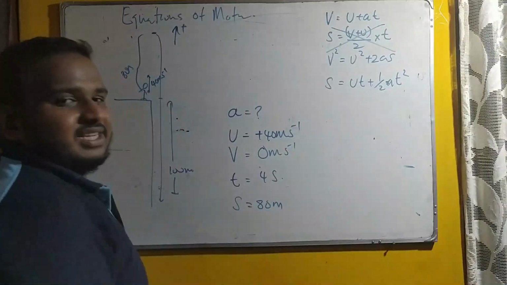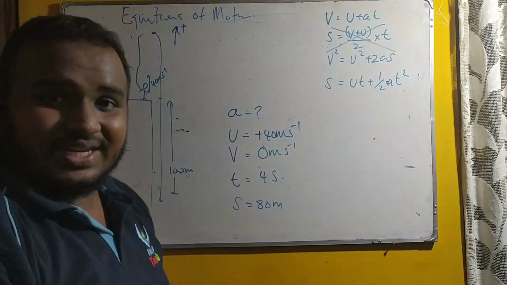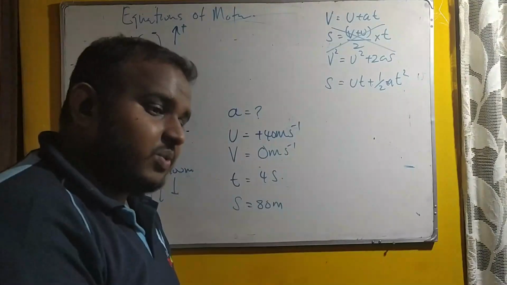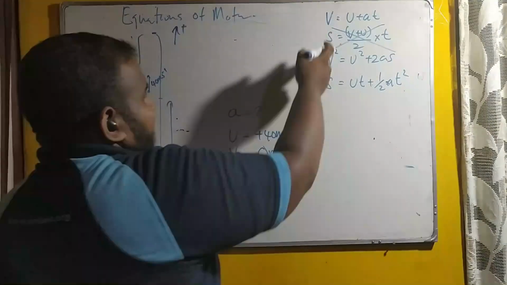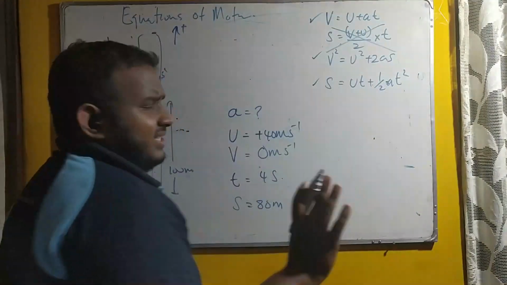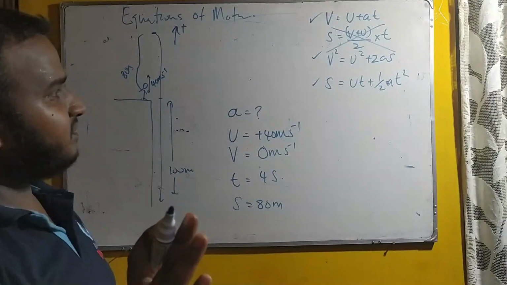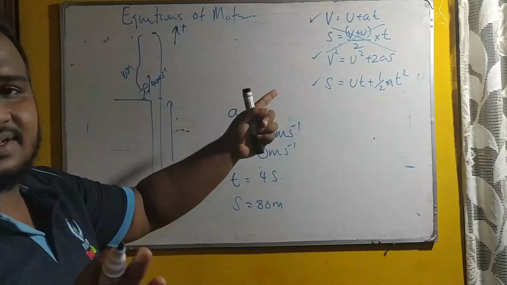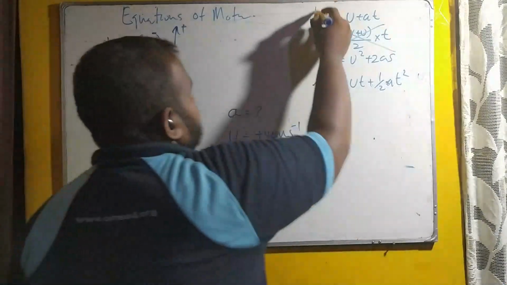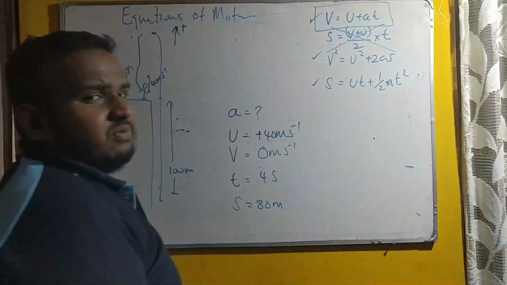We need to find the acceleration, therefore the equation should contain the acceleration. So I can select the other 3, either this or this, it's not an issue, because all of them consist a and all the data are there. So I am using the first one, because it is simple for us.